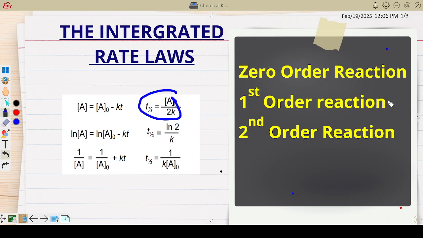We started with the most important one, and then the second order, and then zero order. So I told you we can have third order, we can have fourth order. If you want, you can explore. You just write A is giving you B, and then the rate will be K, and the concentrations will be according to the order, like if it's power 3, power 4.